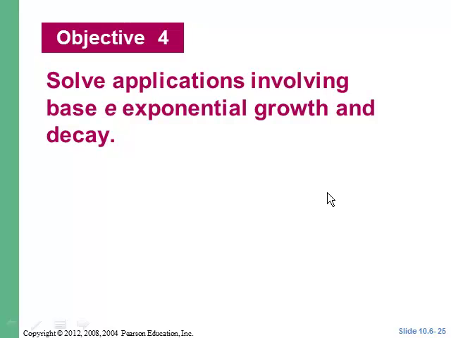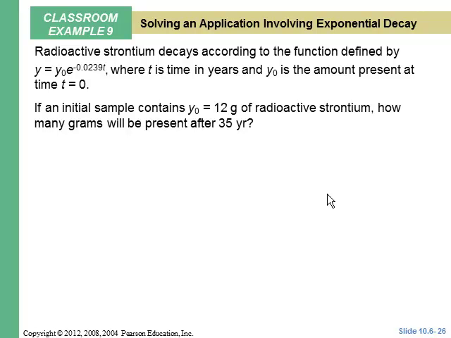Okay, how about exponential growth and decay? One of the formulas says that the initial amount times e to the negative 0.0239 t. If the initial sample is 12 grams, how many grams will be left after 35 years? So 12 times e to the negative 0.0239 times 35.